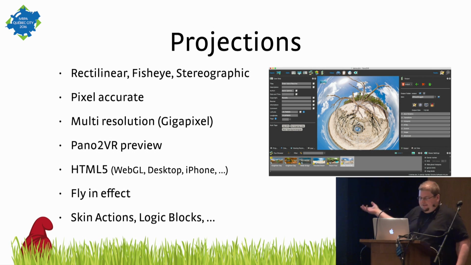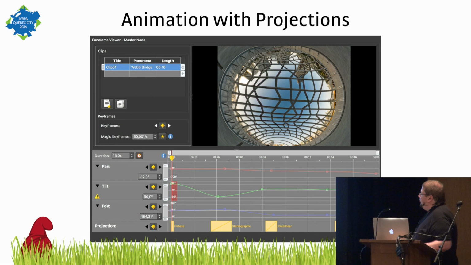You can do the flying effect as you've seen before. It's also linked to skin actions and logic blocks, so you can embed them in your skin. And they are also available in our animation editor. The animation editor is a tool where you can define a path within your panorama instead of auto rotation. Auto rotation just rotates the panorama, but with this tool you can point out different areas of your panorama that are interesting for the user.